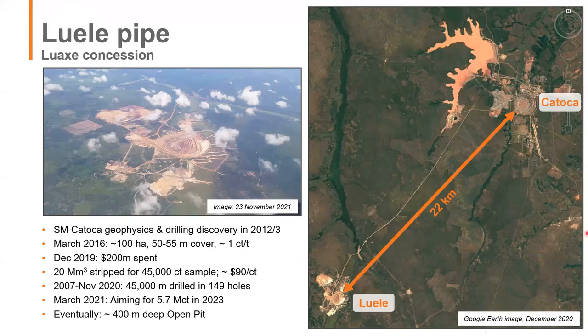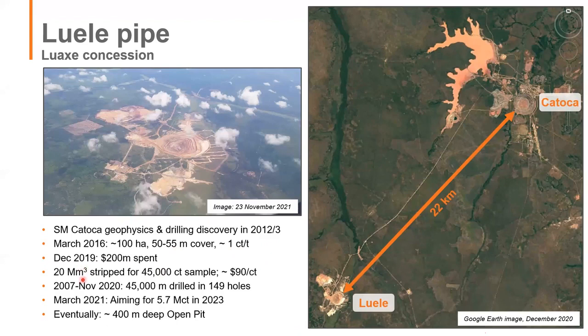If you look on Google Earth in December 2020, you will see there's another open pit starting up. It was discovered in 2012, 2013. By March 2016, they claimed it to be a 100-hectare pipe, 55 meters of cover, roughly 1 carat per ton grade. December 2019, they had spent $200 million on this project.